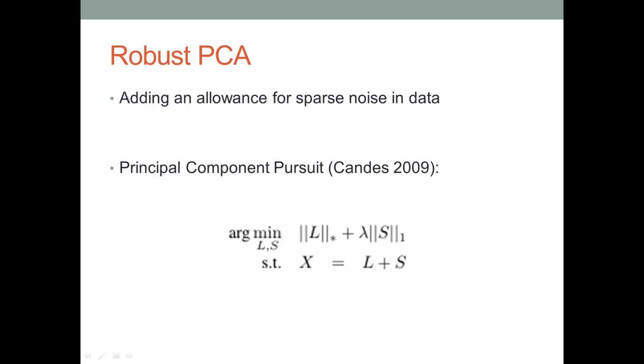One of the first works towards this was the principal component pursuit by Candes in 2009, and the objective function for this is listed below, where you are minimizing for both the L and S matrix the nuclear norm of the L matrix plus a regularized L1 norm of the S matrix, where X would be your entire data matrix, and L is a low rank version with an additive sparse noise component, where S is the noise and it is sparse.